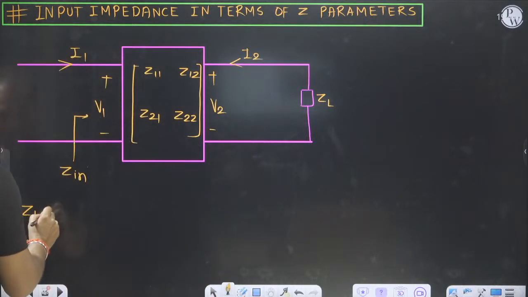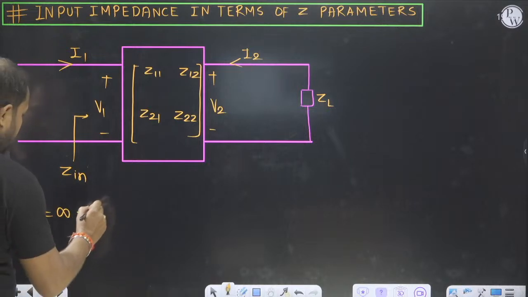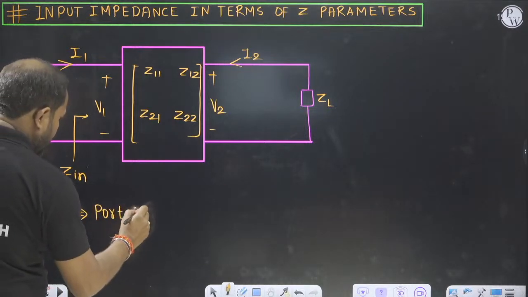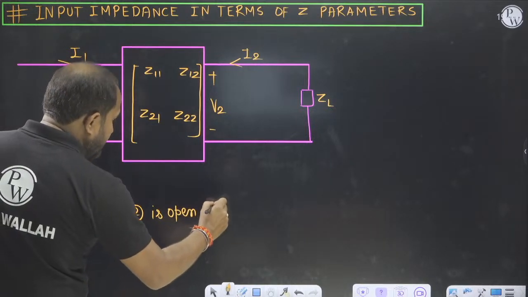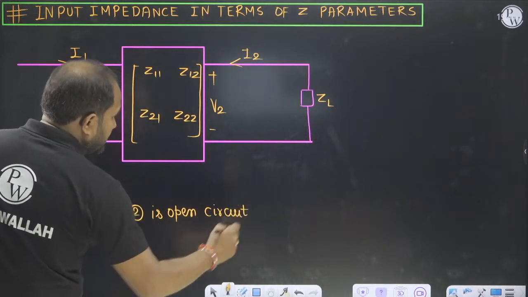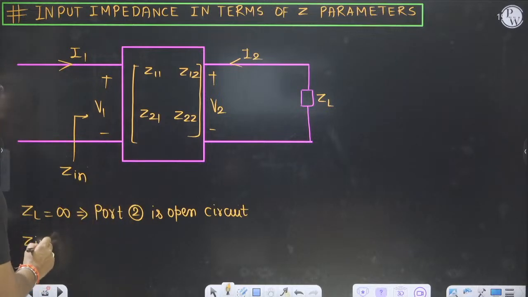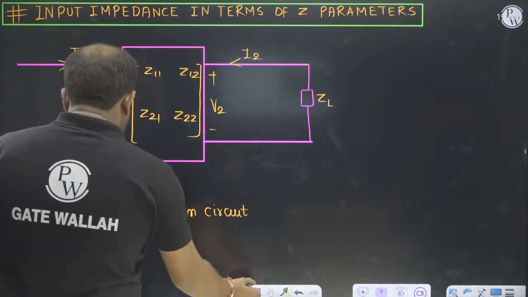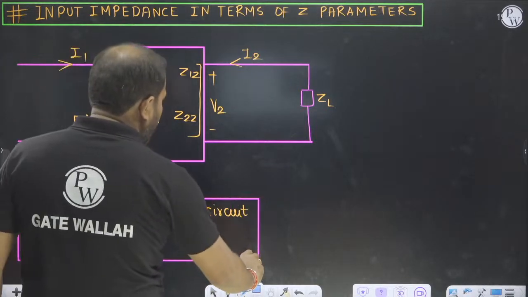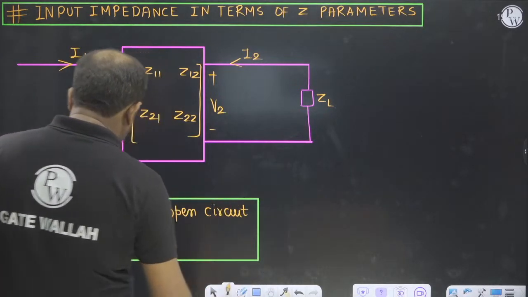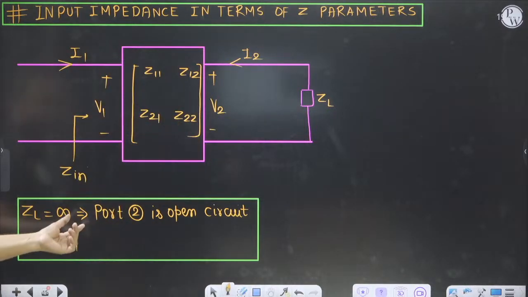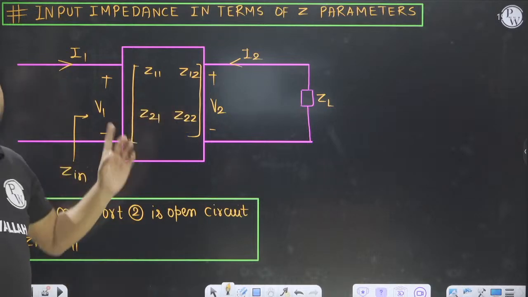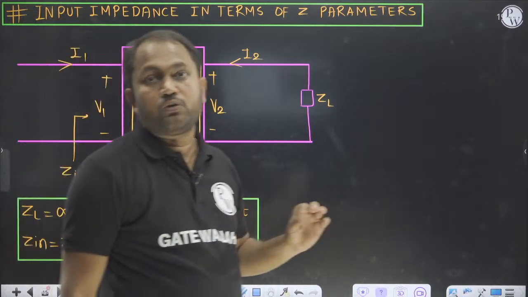So ZL is equal to infinite, port 2 is open circuit, and if port 2 is open circuit, then we define the open circuit impedance. So in that case, Zin will be equal to Z11. But here Zin is not equal to Z11 because ZL is not equal to infinite. This is not open circuit.